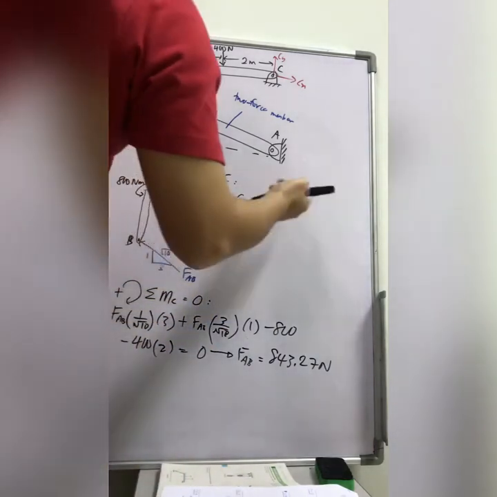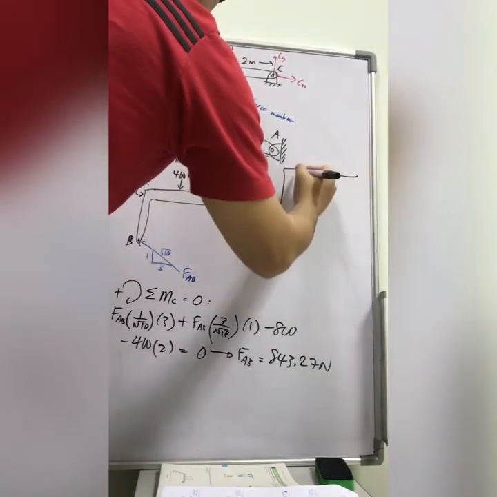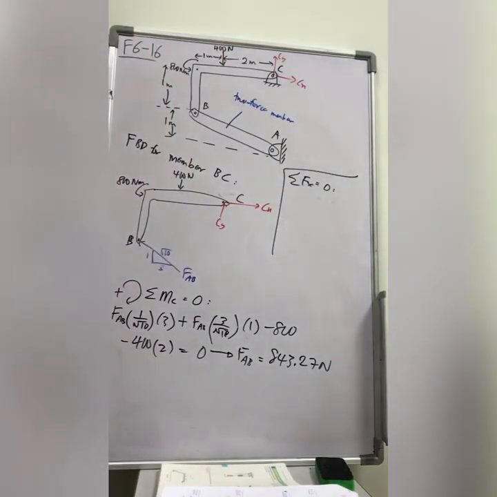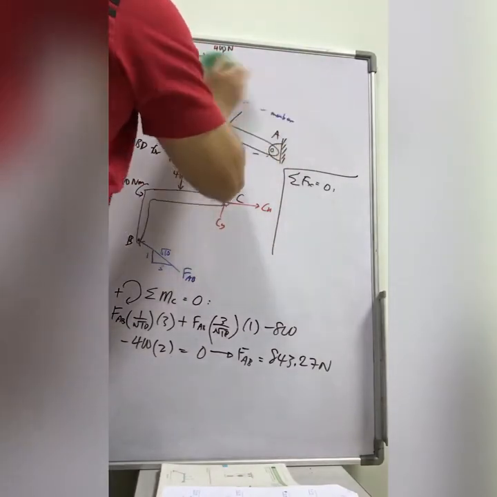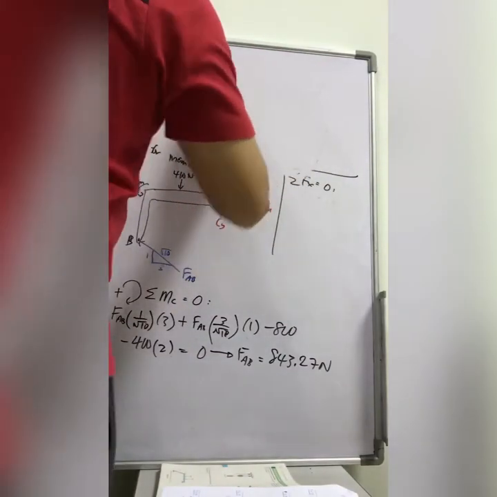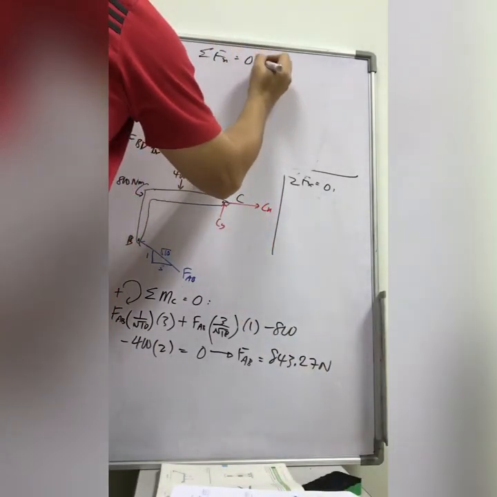Now you can find Cx. To find Cx, you do the summation of Fx equals 0.